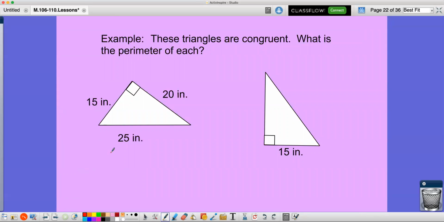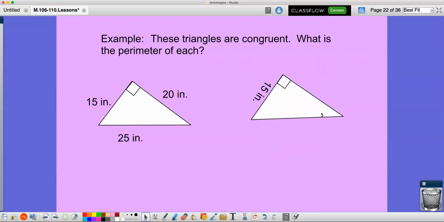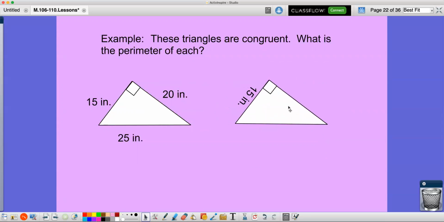So which of these triangles are congruent? It says these are congruent. What is the perimeter of each? First of all, one thing you might want to do is get these to line up so that you can recognize what the sides match up to. If I did this, I can see clearly that 15 and that 15 match up.